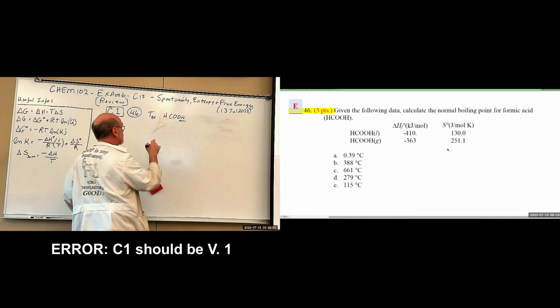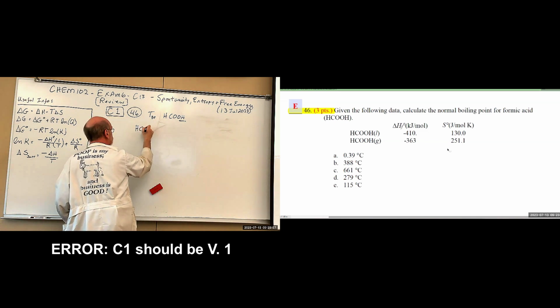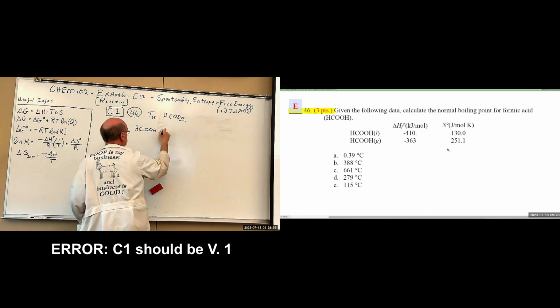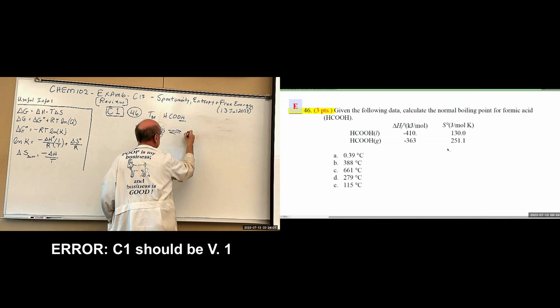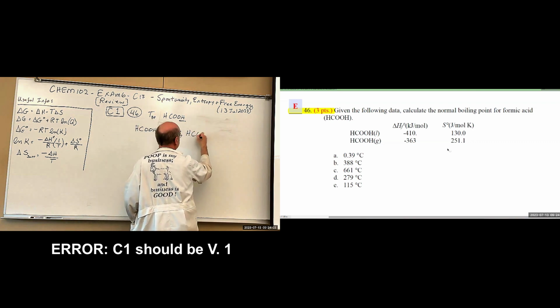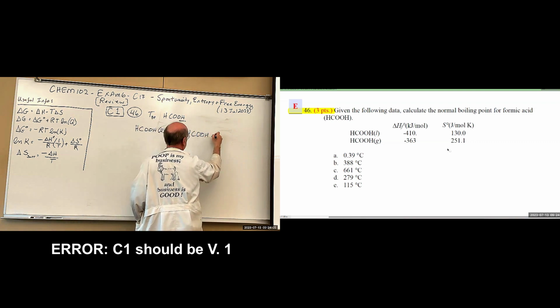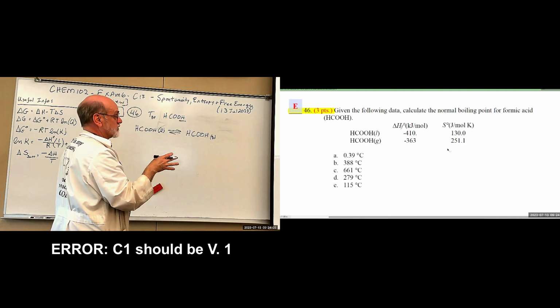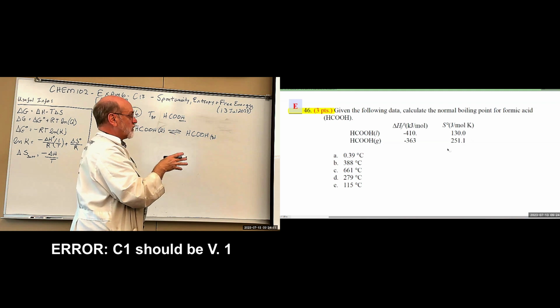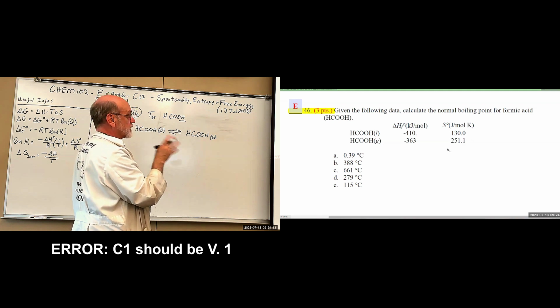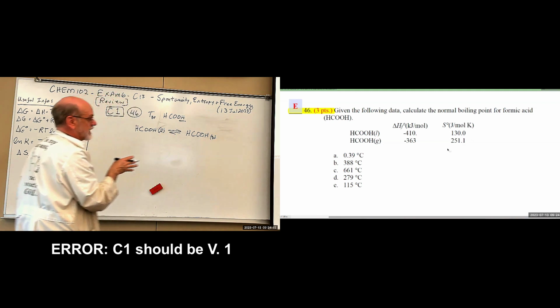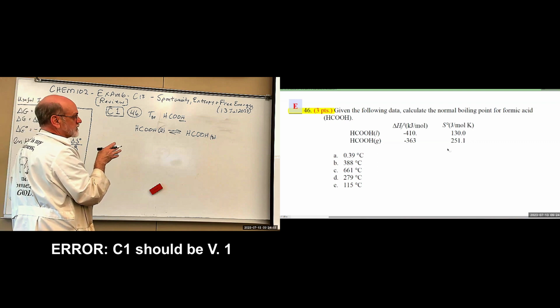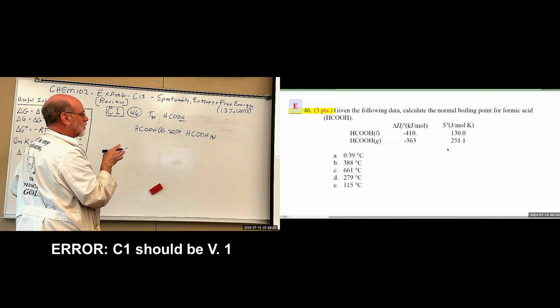So the process is going from this liquid to this gas. There we go. And we're given different values. We're given the heats of formation, and we're also given the enthalpies. And the question is, what's the normal boiling point?